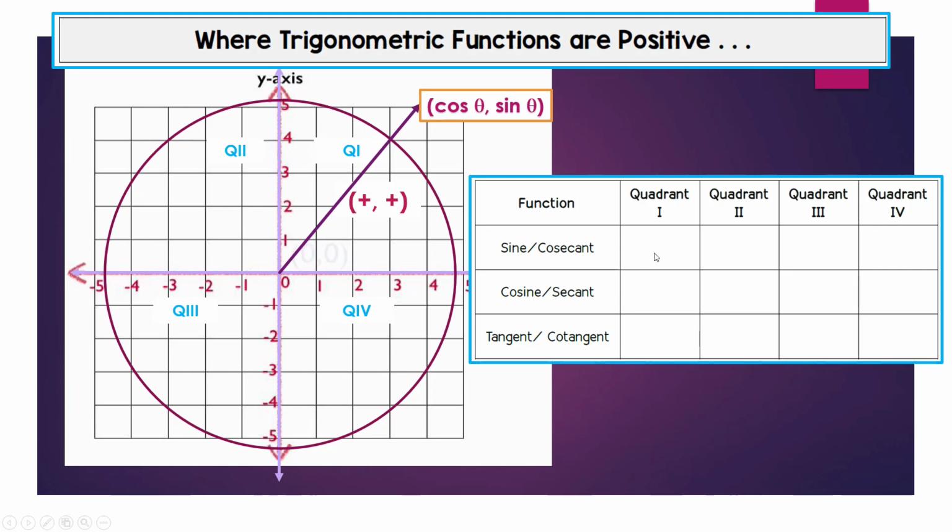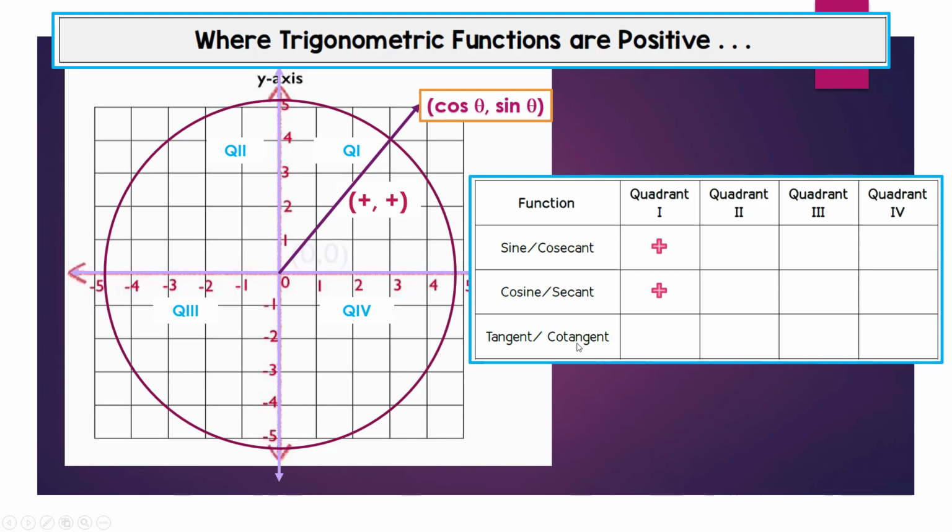So in quadrant 1, sine is going to be positive because sine takes on the y values, and in quadrant 1, y's have to be positive. Cosecant is also going to be positive. Sine and cosecant are positive because they're reciprocals of one another. Cosine is also positive and secant, they're both positive.